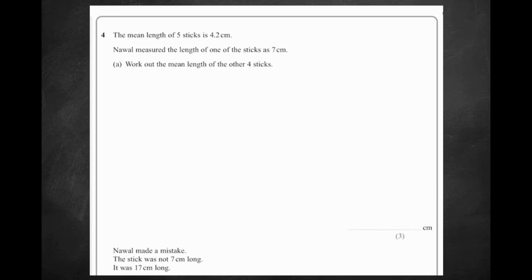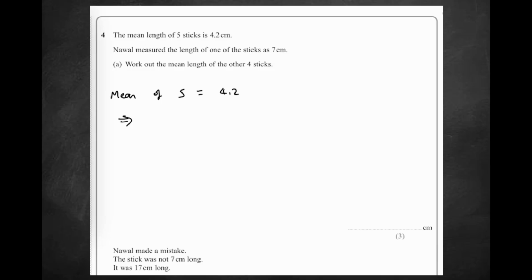Question number 4. The mean length of 5 sticks is 4.2 centimetres. Narwhal measured the length of one of the sticks as 7 centimetres. Work out the mean length of the other 4 sticks. So we know the mean of 5 equals 4.2.